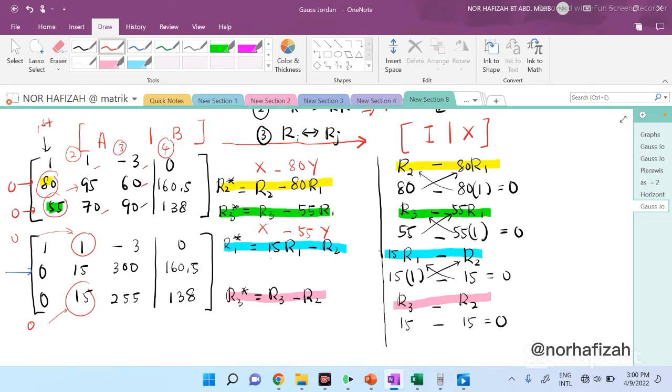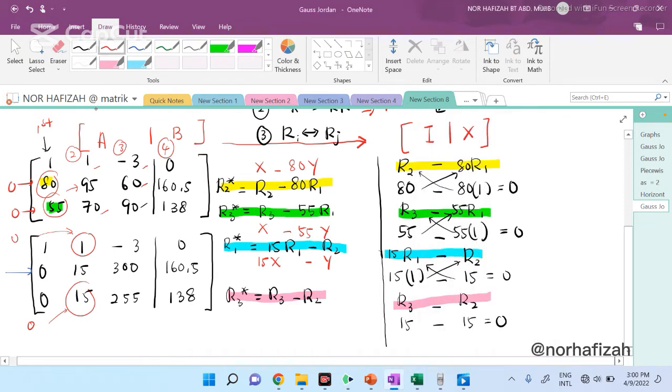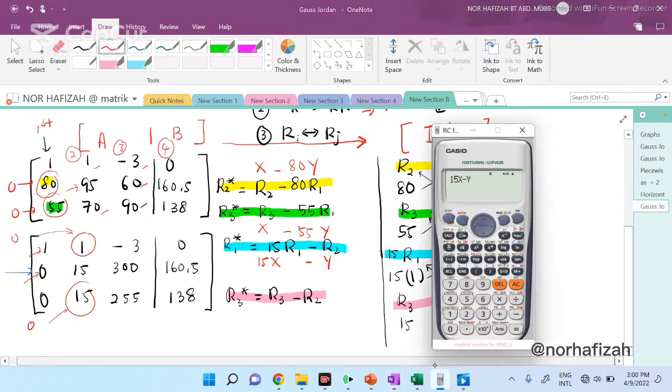So press your calculator, 15X minus Y. Row 1 is X now, row 2 is Y. So we key in here 15 alpha X minus alpha Y. So calculate. So now here is 1. Row 1 is 1 here. And then 0. 1 minus 1. Calculate 1 equal 0 equal. So you get 15 because 15 times X.